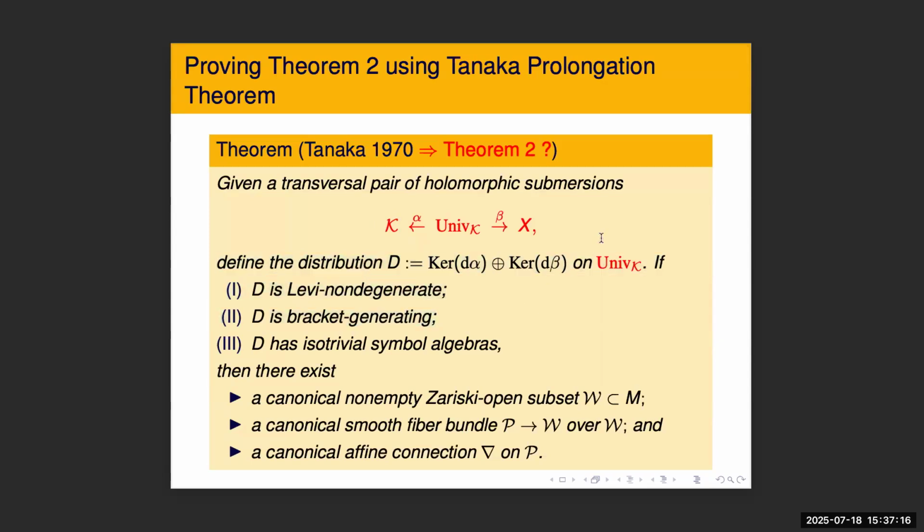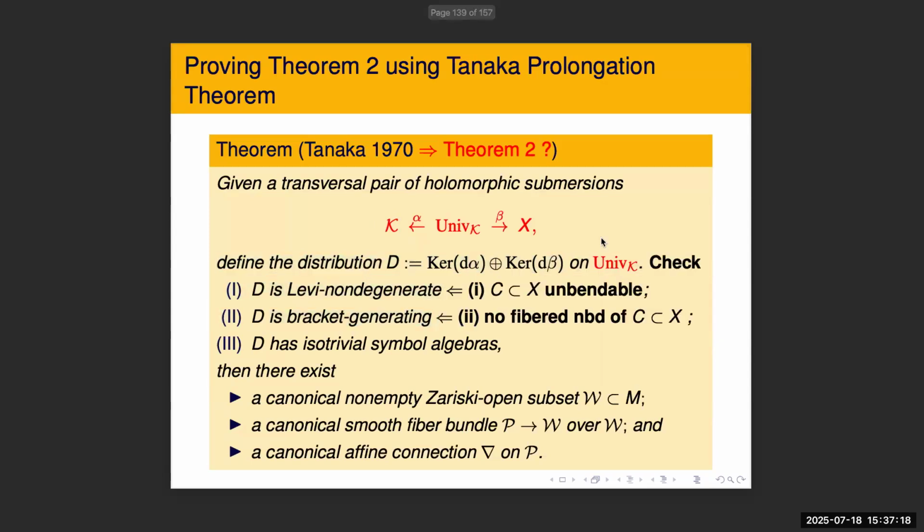Now it's possible to check that our condition that a general member is unbendable implies that this distribution is Levy non-degenerate. You can prove this. Also, the condition that there's no fibered neighborhood of a general member implies that the distribution is bracket generating. So these 2 conditions are satisfied.